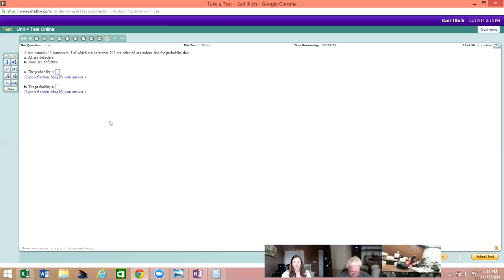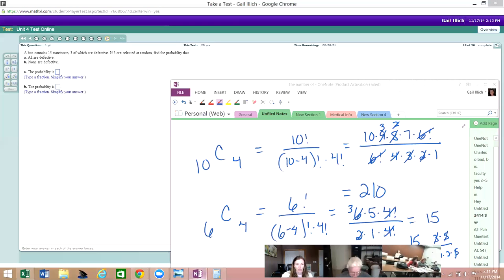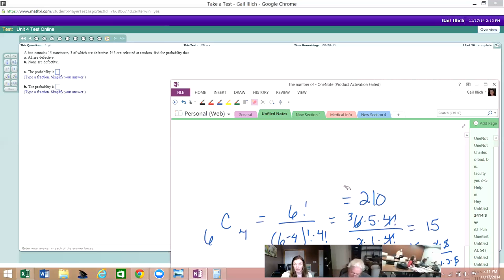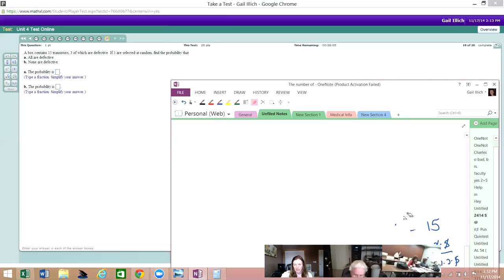Okay, so the first thing you have to figure out here is your denominator. You've got 15 transistors and you're going to select 3, so let's figure out how many ways we can do that. Is that a combination or a permutation? Combination. Good.